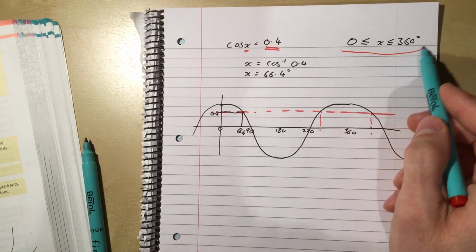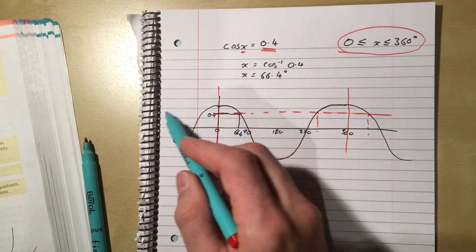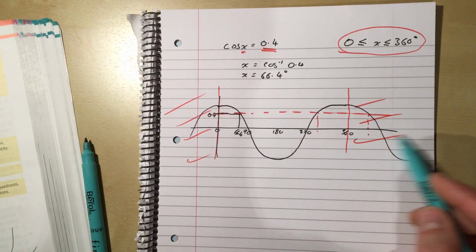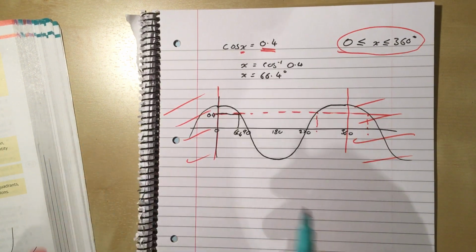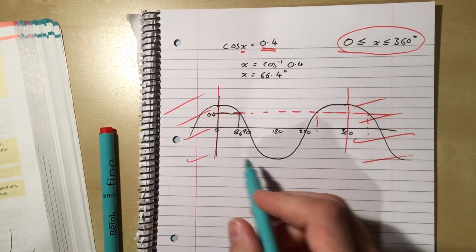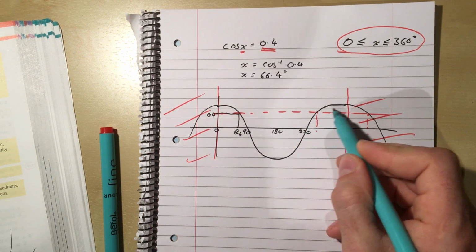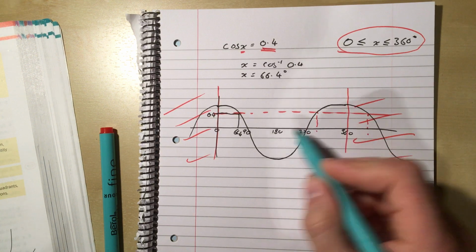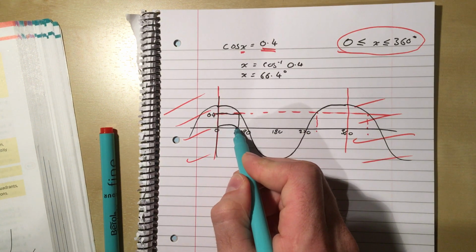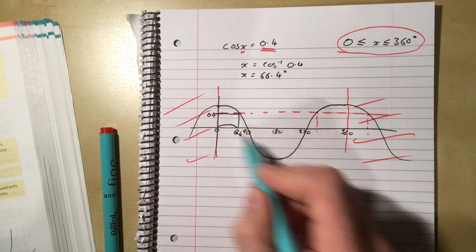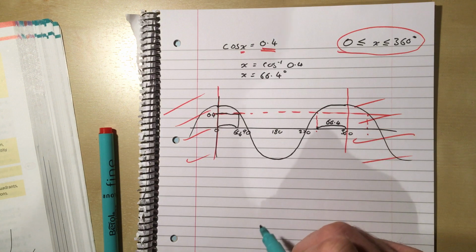I'm only interested in solutions between 0 and 360, so I can ignore this part of the graph and I can ignore this part of the graph. Only this answer I'm looking for here. This shape is exactly the same as this shape. I've drawn it a bit scruffily, it doesn't look the same, but that shouldn't stop us. This is 66.4 degrees away from the top of the curve. So this distance here must be 66.4, okay?